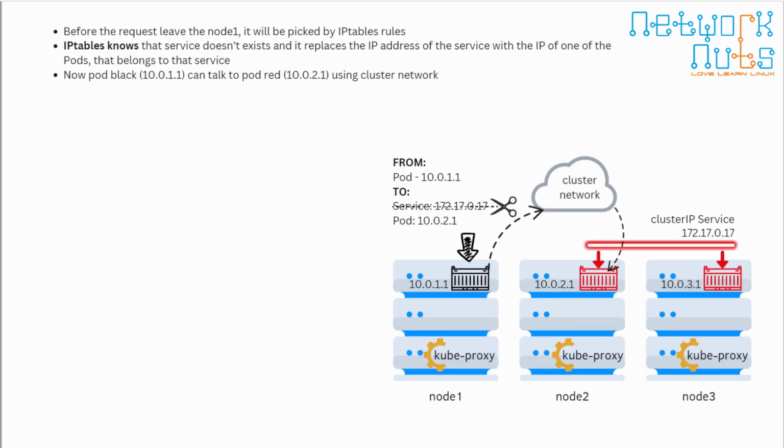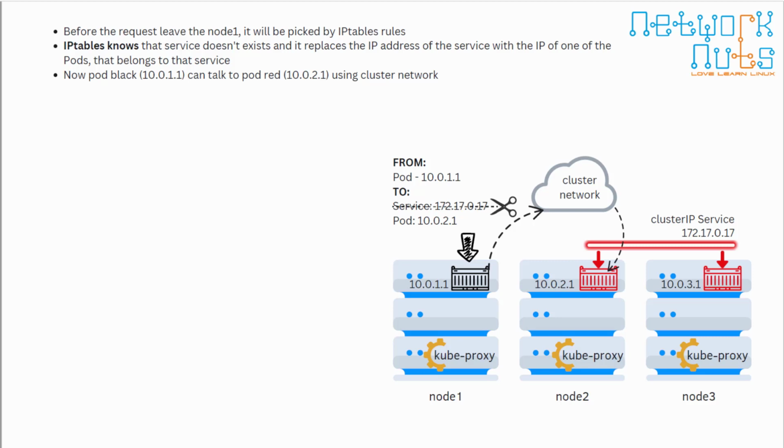So the moment the pod 10.0.1.1 tries to talk to the service, before your request goes out of this node, it refers to its IP table. Wow, IP tables! We had never seen IP tables during our Kubernetes training, but this actually happens. The moment you press enter, your request refers to your IP tables.